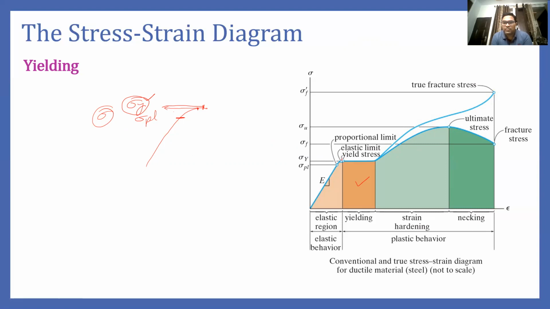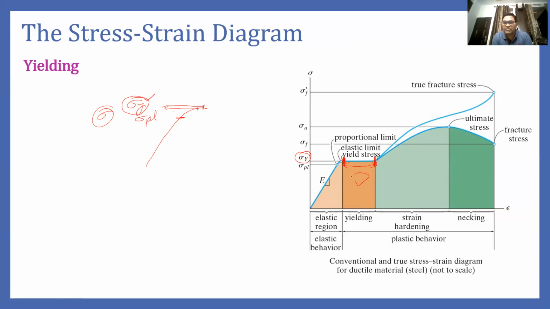The stress corresponding to this point is sigma Y. At this stress, the material will deform permanently, and it will deform plastically. Up to this region, you can see we are not increasing any stress, but it is behaving plastically. Without increasing the stress, it is deforming or elongating.